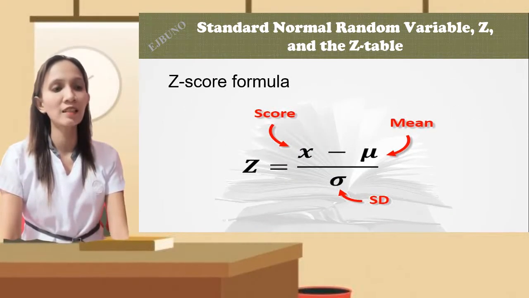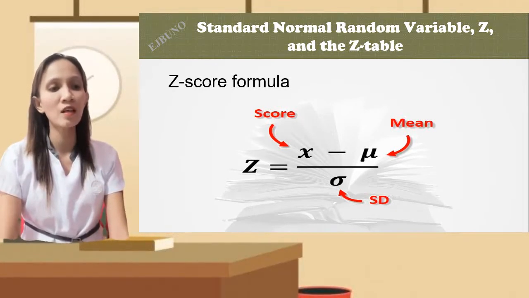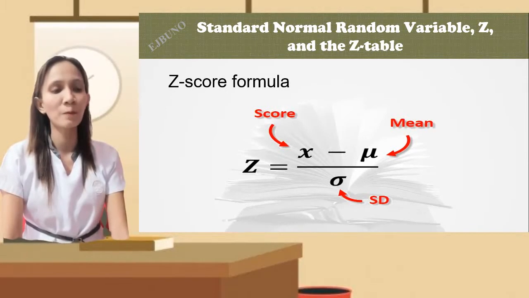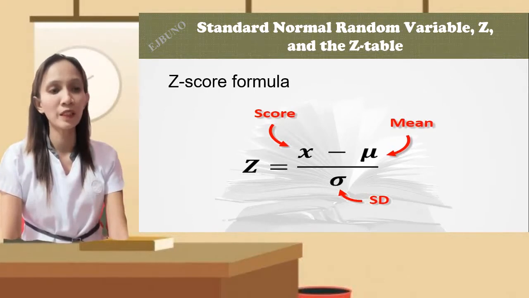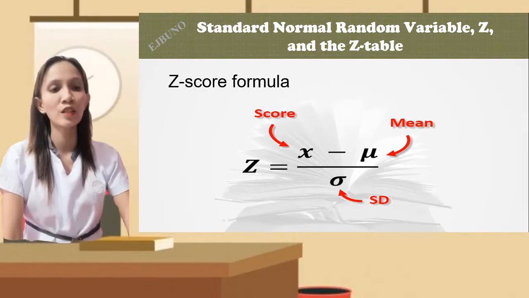In general, the standardized value z tells how many standard deviations below or above the mean the original value is, and is calculated as follows. Z-score is equal to the value minus the mean, divided by the standard deviation. The convention is to denote a value of our normal random variable x with the letter small x.